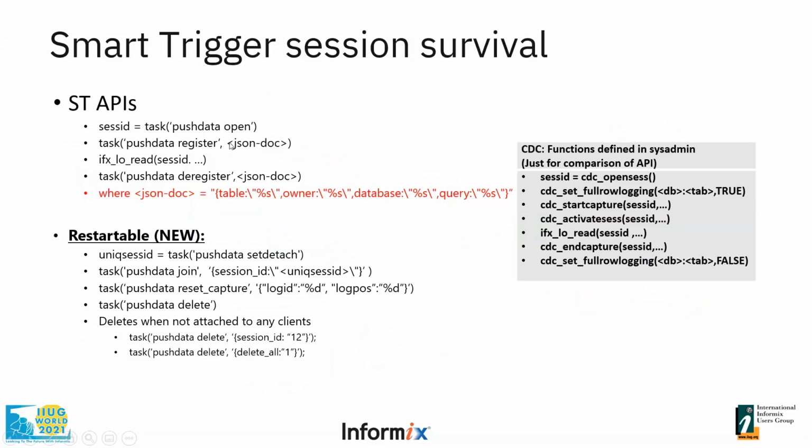You register with some JSON document. Here is a document which actually sends the query and what is the database owner and table. And whenever there is something happening in the table, and this query is actually matching certain rows, then your client is going to be notified.